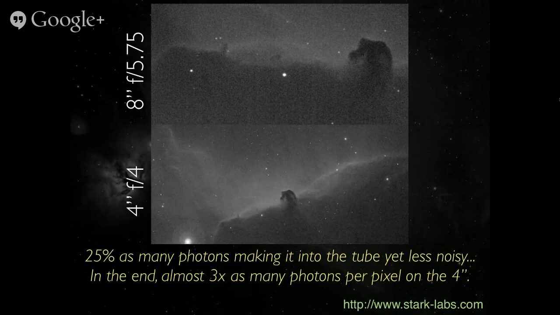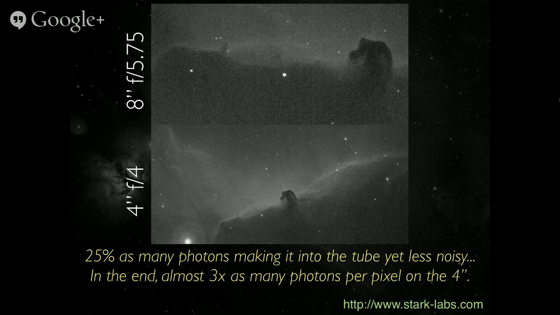Now, which one of these has a higher signal to noise? The 4-inch f4 refractor is overall grabbing 25% as many photons from the sky because it's a smaller bucket. It's a smaller aperture, letting fewer photons through. But it's packing those fewer photons. It's taking the swath of sky and packing more sky onto each one of the pixels.